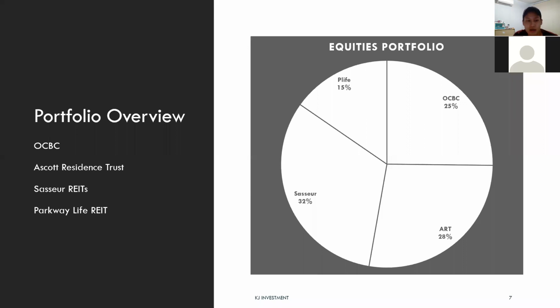For Ascott Residence Trust, I chose them because they are one of the biggest hospitality REITs in Asia, after merging with Ascendas Hospitality, summing up to 11,430 units and 73 properties across 37 cities in 14 countries.